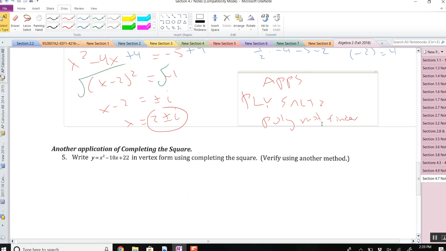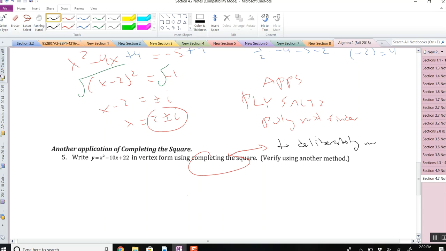So that's the whole process. Actually, I'll write it out: deliberately make a quadratic expression a perfect square trinomial.